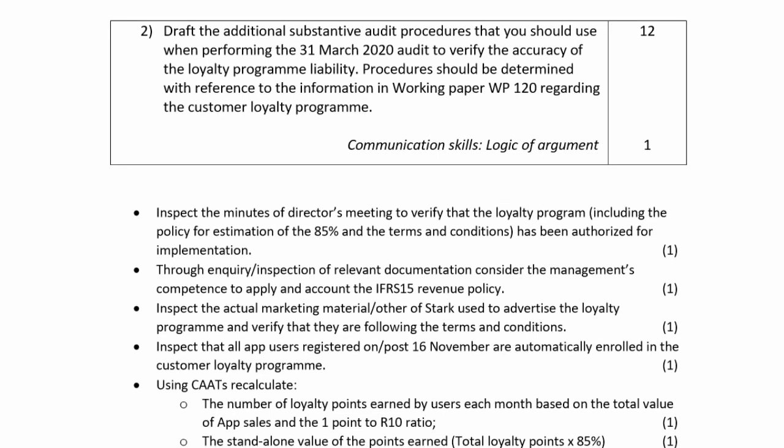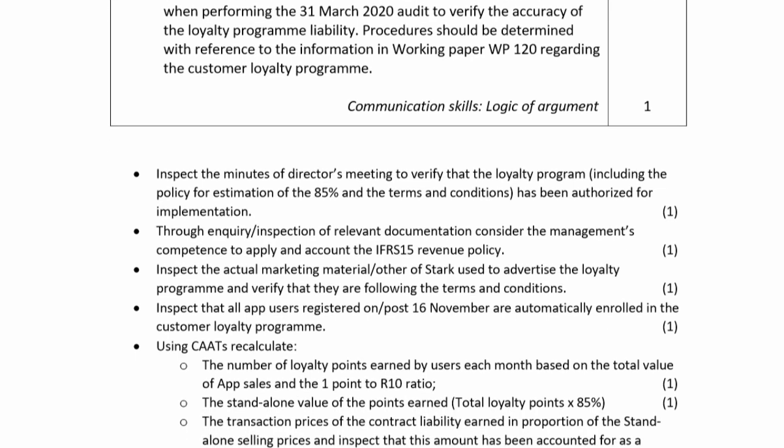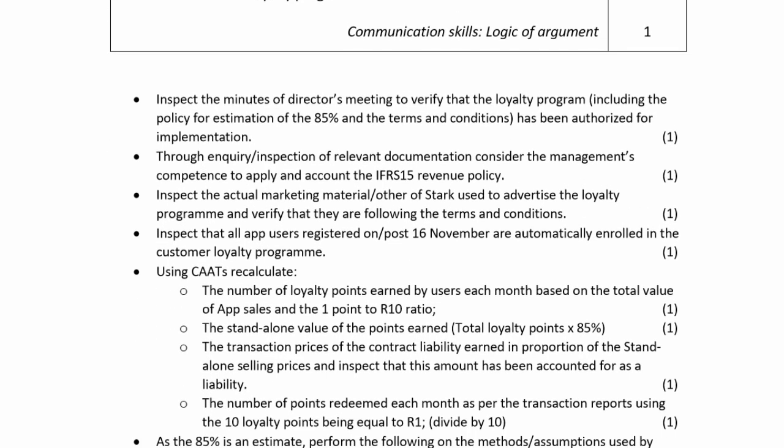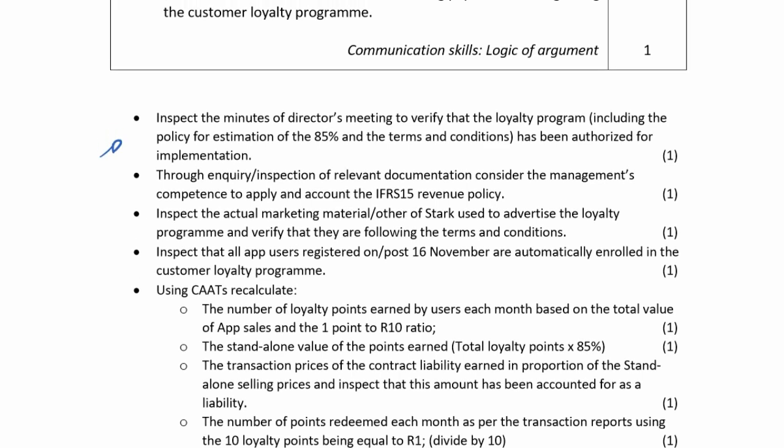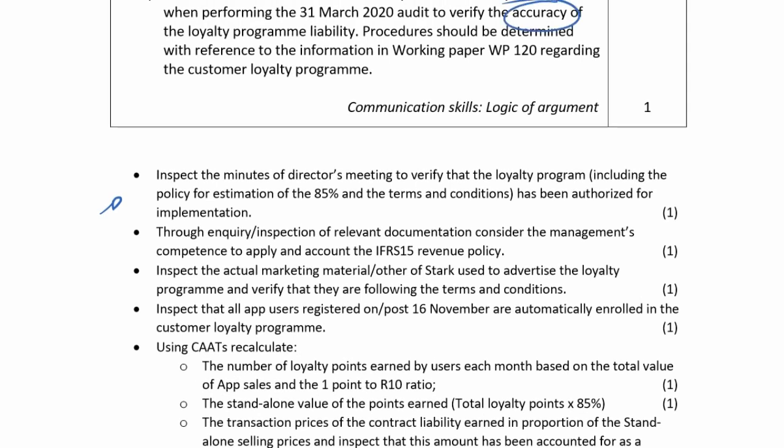The second question, substantive procedures for the loyalty program liability. Okay, so you needed to really make sure you are comfortable with how IFRS says you account for it. Go make sure that it's authorized. The only reason why this is there, guys, because the question was asking you for accuracy. But because there's an estimate, and part of my procedures for an estimate is if it is a new estimate, it must be authorized.